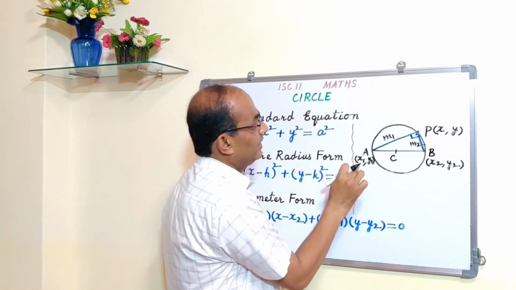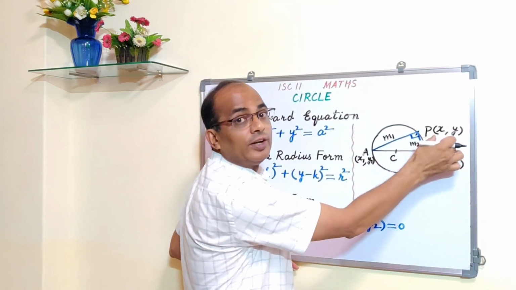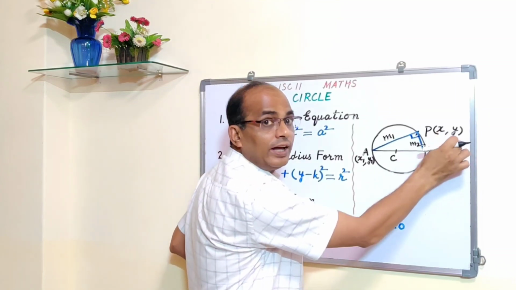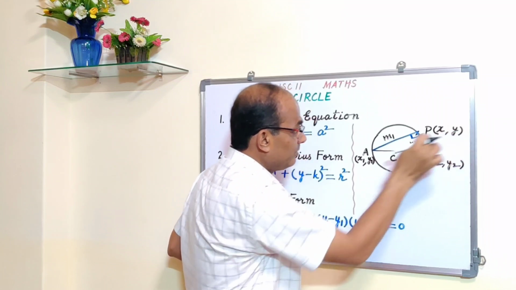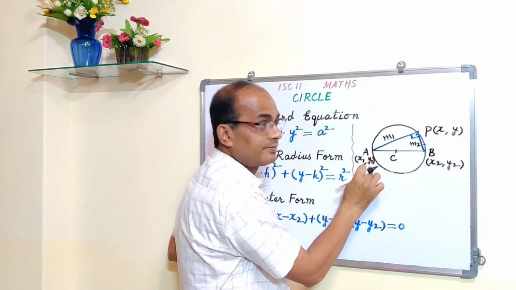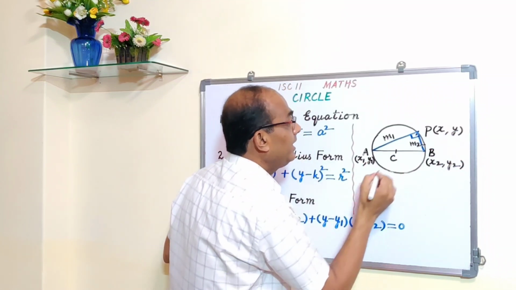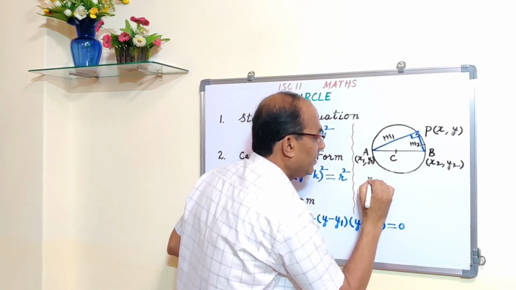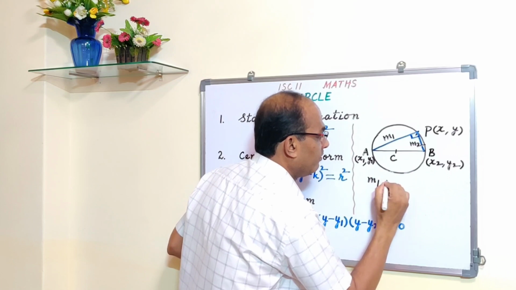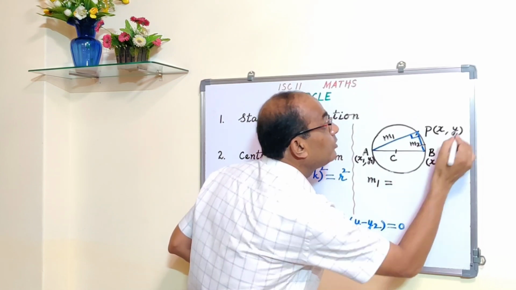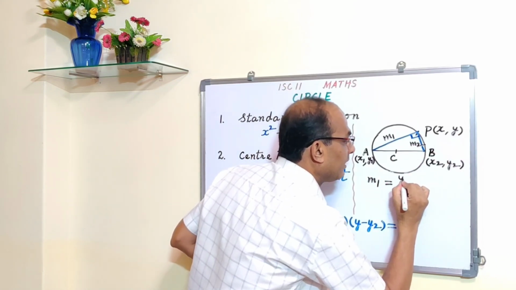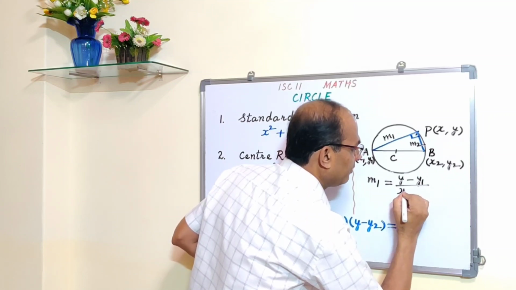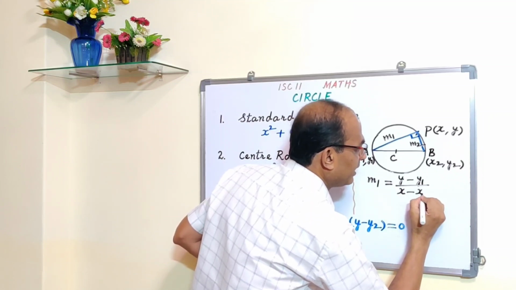So, this is x1, y1 and suppose this is x2, y2. Fine. So, y2 minus y1, m1 is equal to, you can write down, m1 is equal to y2 means y, y2 minus y1 upon x2 means x, x2 minus x1.